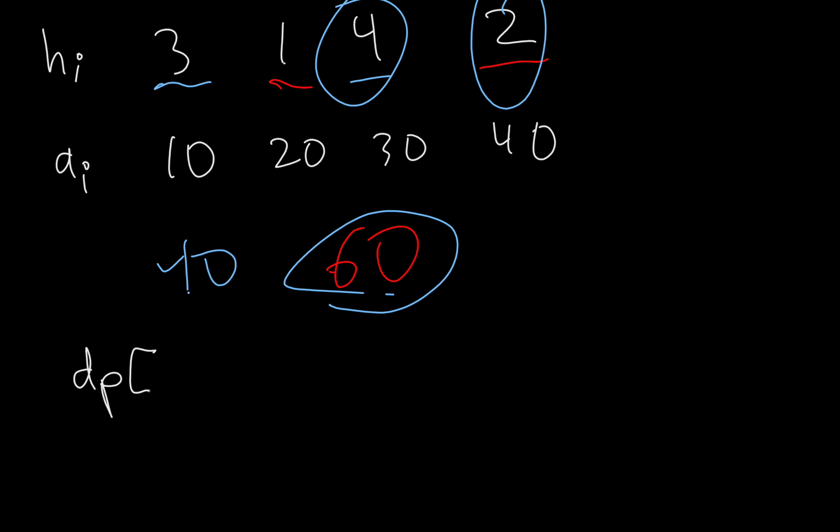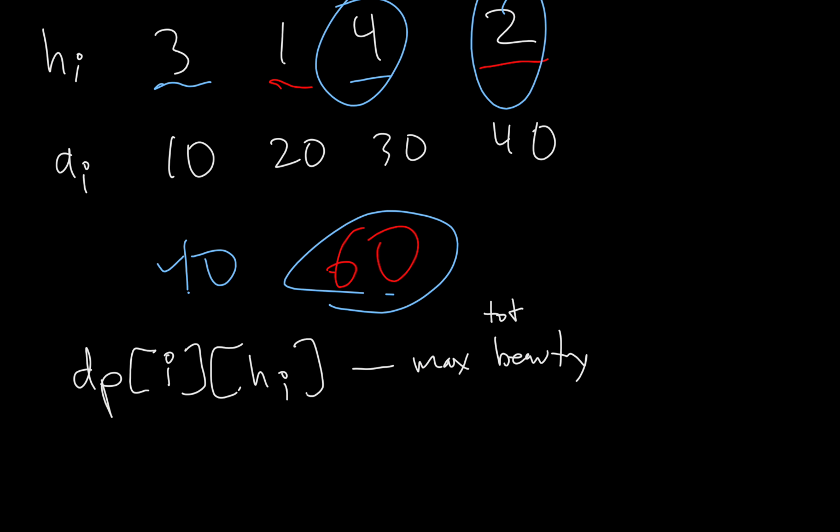We'd have a DP using the first i flowers, where the last flower has height h_i, and then we would want to find the maximum total beauty.